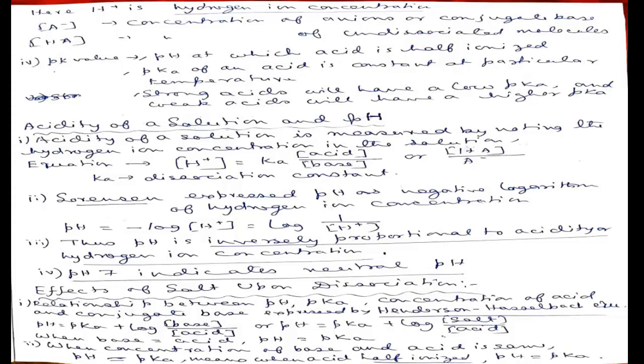When base is equal to acid, that means when concentration of base and acid is same, then pH will be equal to pK. That means when acid is half ionized, then pH will be equal to pK.